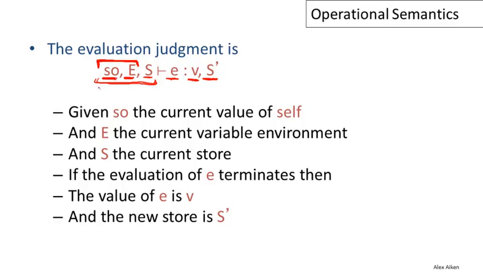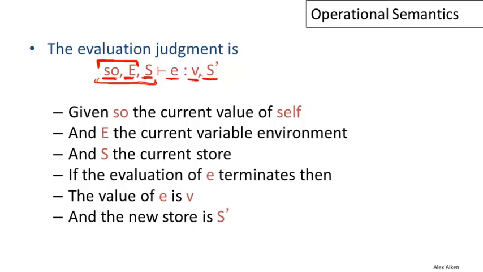You can't update the self object in Cool, and you don't have access in any form to the memory locations where variables are stored. So those two things are invariant under evaluation. They don't change when you run a piece of code. However, the store does change. The contents of the memory may be modified. And that's why we need a store both before evaluation and after evaluation.